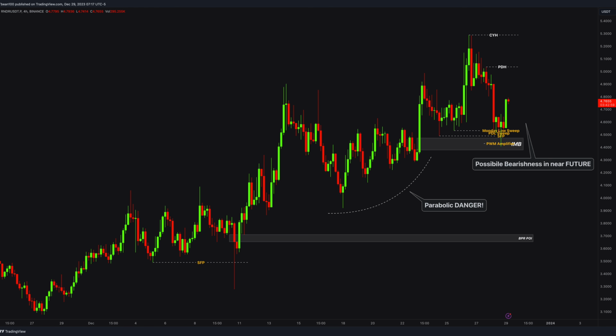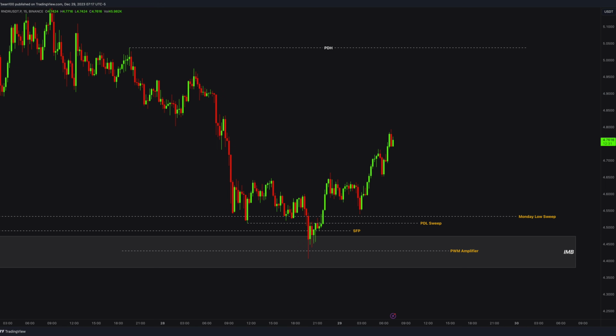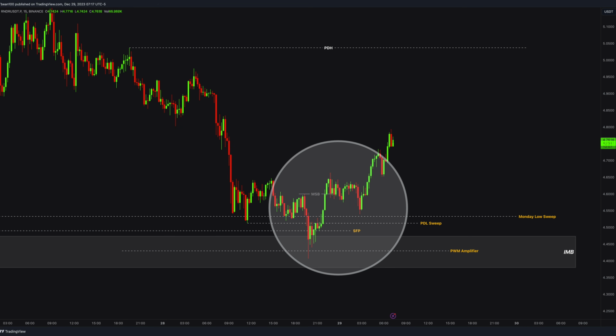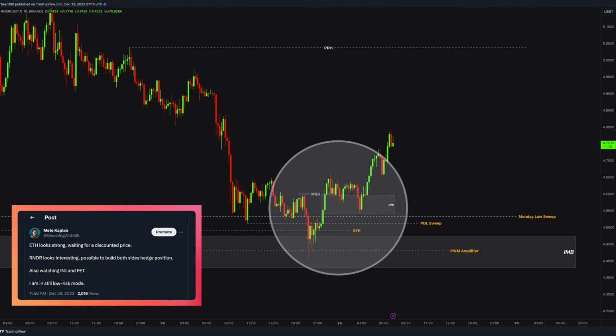Now let's check out the 15-minute time frame and my entry. After all those extreme amounts of liquidity sweeps, I was convinced we got all the fuel needed. I noticed the structure shifted here. This is why I tweeted this on Twitter. As I said, I have an interest in R&DR, but it would be best to build a hedge position.